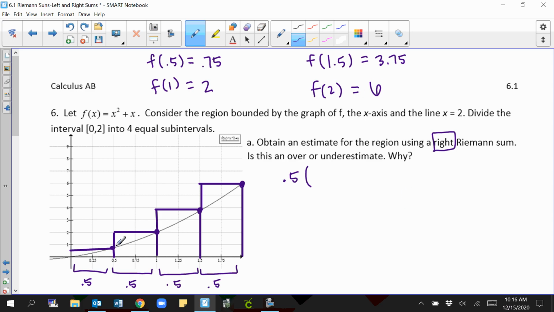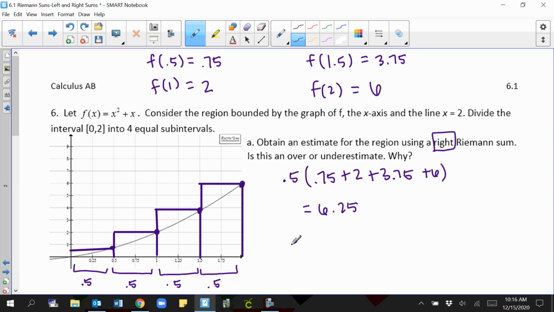So those are the heights for my 4 rectangles, and so I'm just going to add those. I'm going to do a 0.75 plus 2 plus 3.75 plus 6. So that's going to be my Riemann sum for a right Riemann sum. And when I add all of those together, I end up with a 6.25.